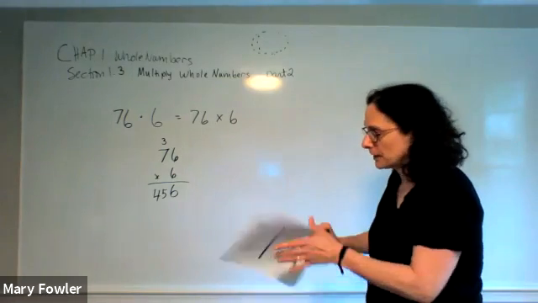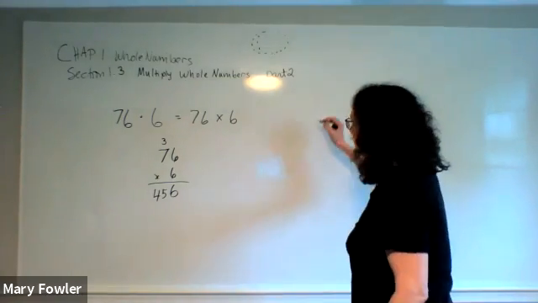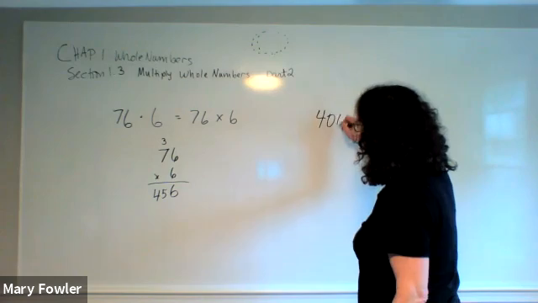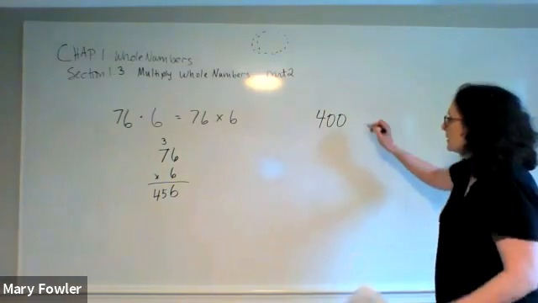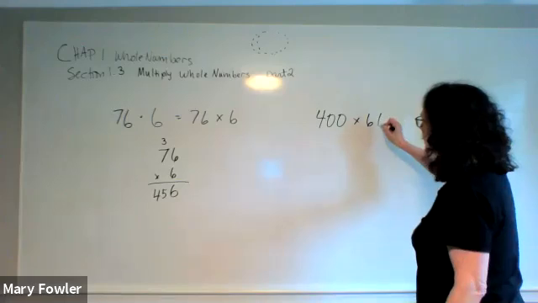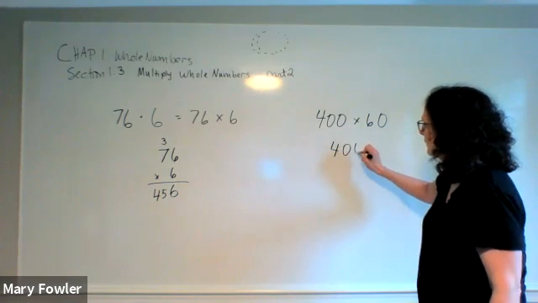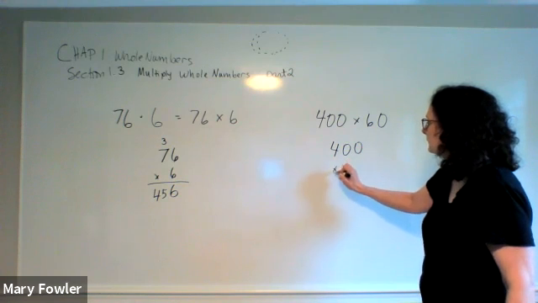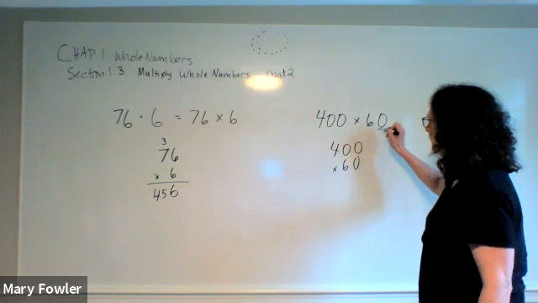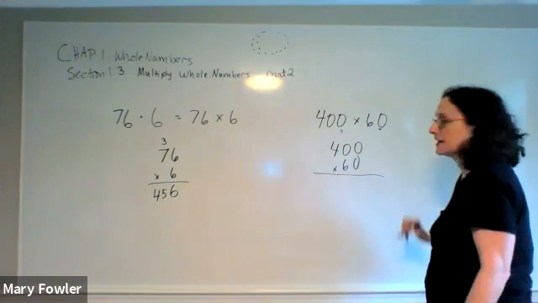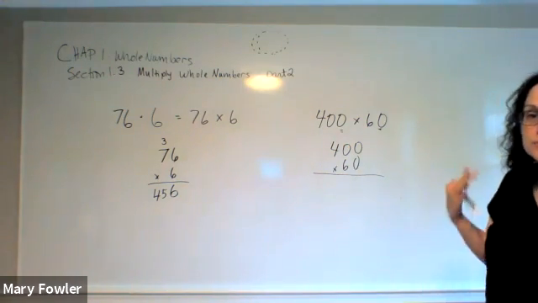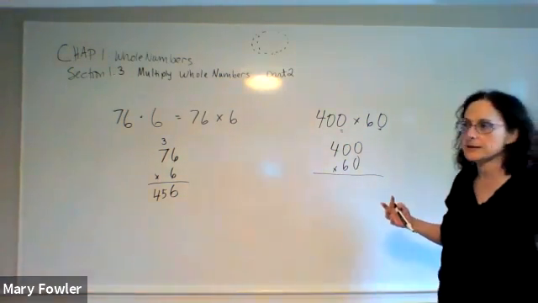So our next multiplication is going to be 400, which is a 3-digit number, times 60. Okay, we're going to write it vertically and line up the ones digits so that place value continues to mean what we want it to mean.